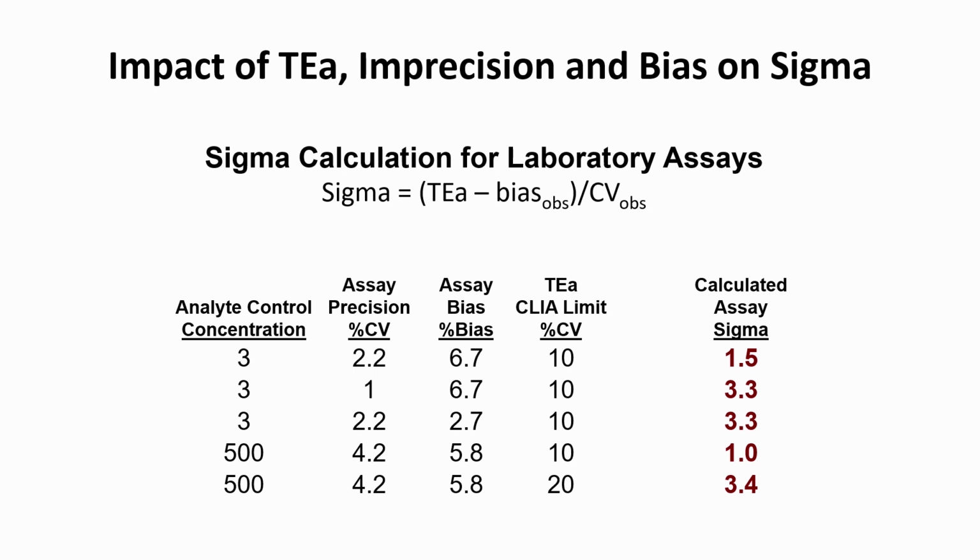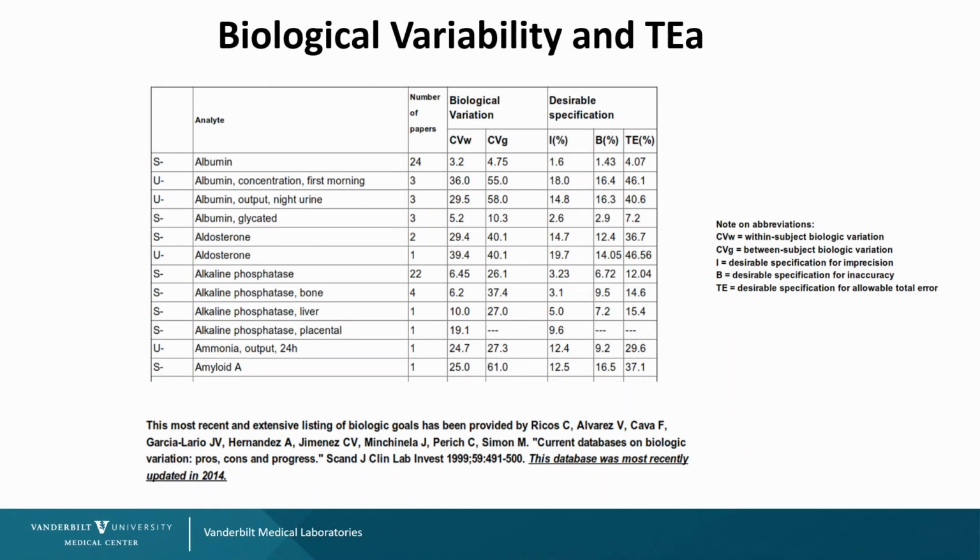If we have better precision, 1%, that raises our sigma metric up to 3.3. If, however, we lower our bias from 6.7 down to 2.7, we also raise that sigma metric. So you can see how this changes based on that allowable error budget, our assessment of our performance.